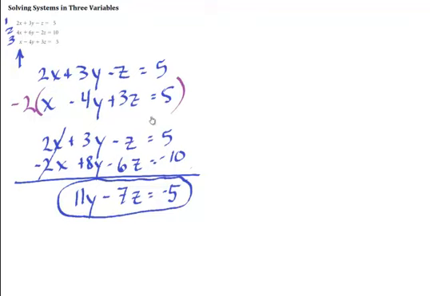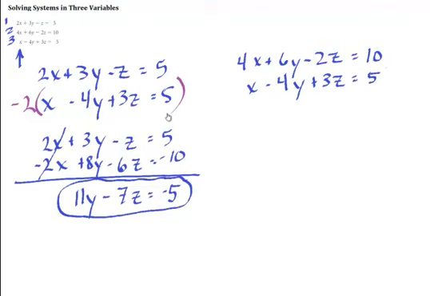Let's go look at the next one that we're going to make. I'm going to use equations 2 and 3. Equation 2 is 4x plus 6y minus 2z equals 10, and x minus 4y plus 3z equals 5. I'm going to multiply this bottom equation through by a negative 4 so that I can make my x's drop.